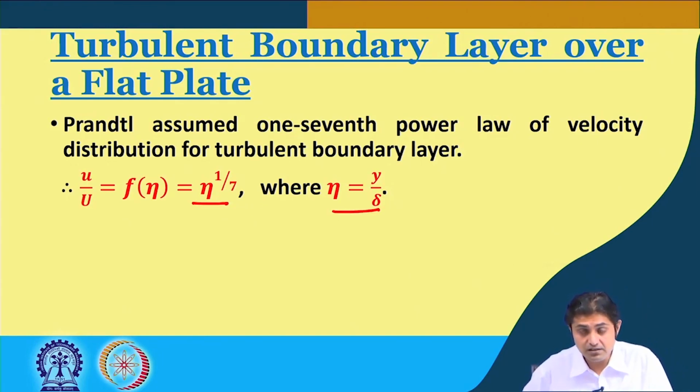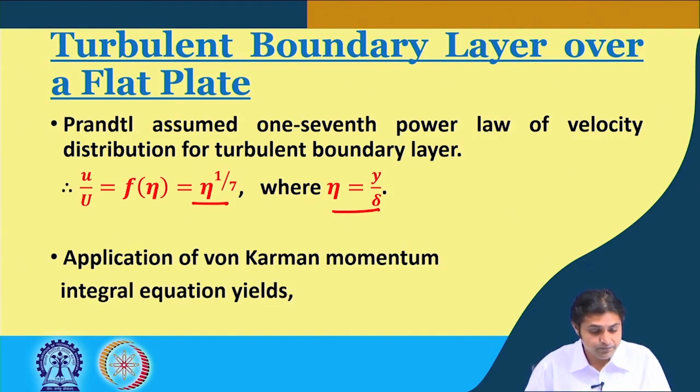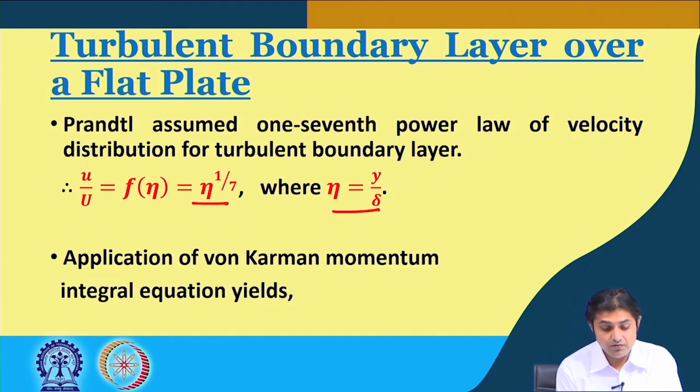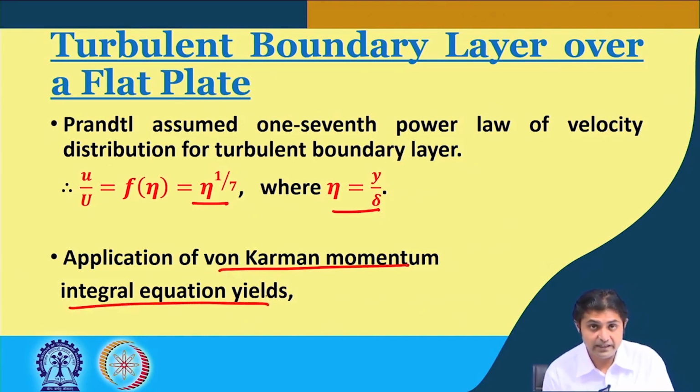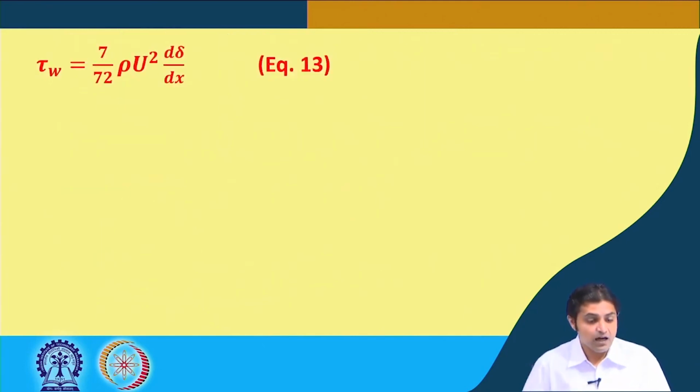Y is the distance above the plate and delta is the boundary layer thickness. All right, and since that von Karman momentum integral equation is applicable here too, it yields tau w is equal to 7/72 rho U square d delta by dx.